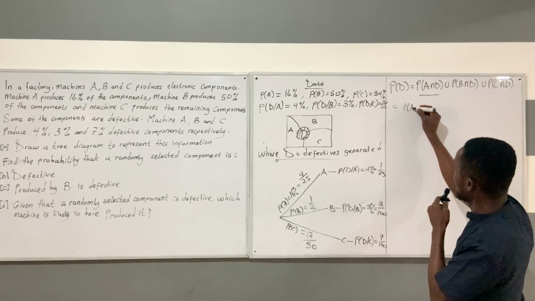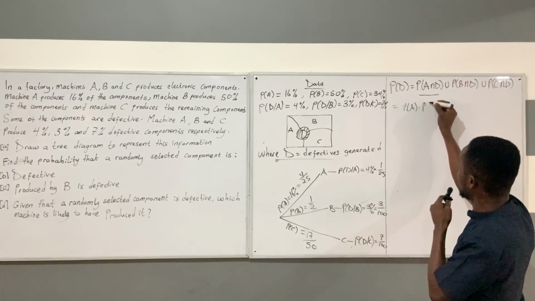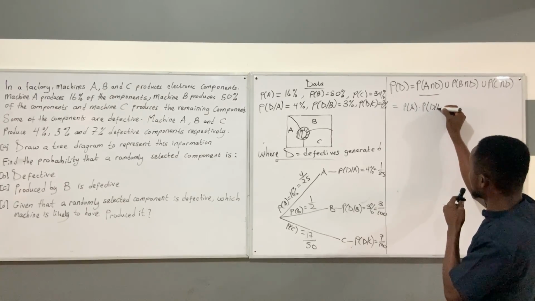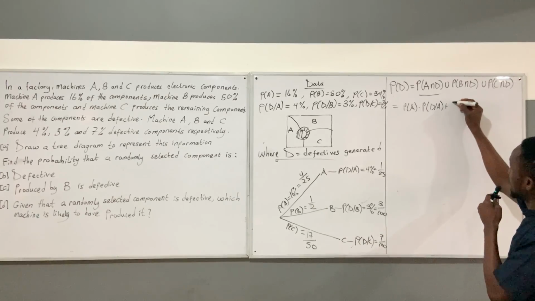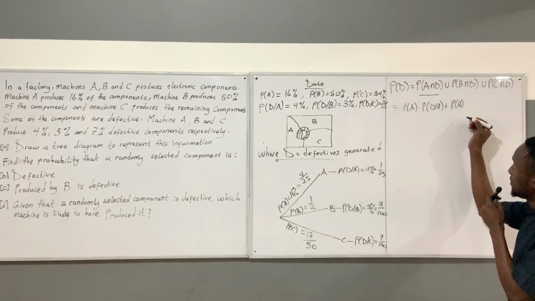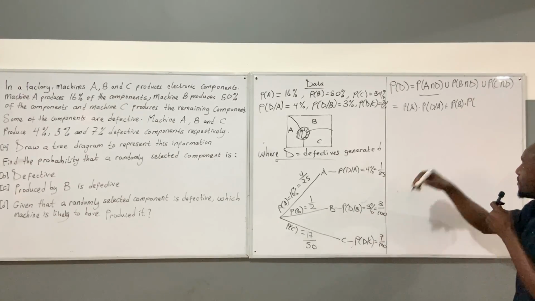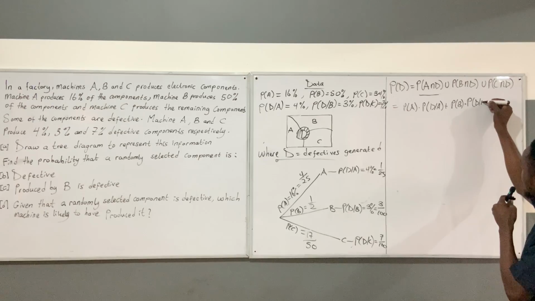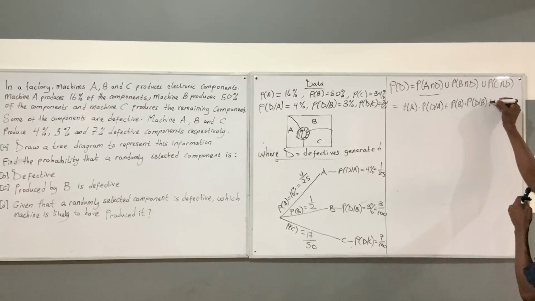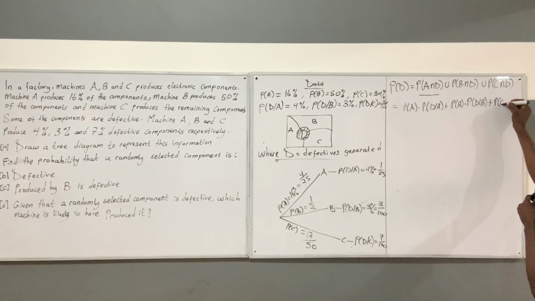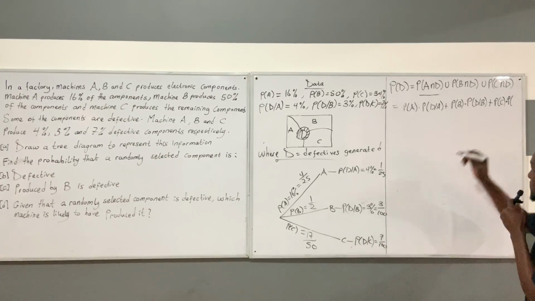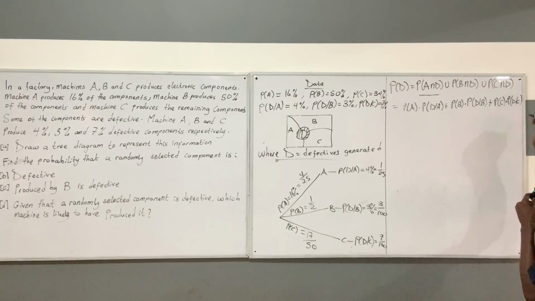Probability of A times the probability of D as A has occurred, plus probability of the event B times its conditional probability, which we already have here, D as B has occurred, plus the probability of C times its conditional probability, P of D as C has occurred.